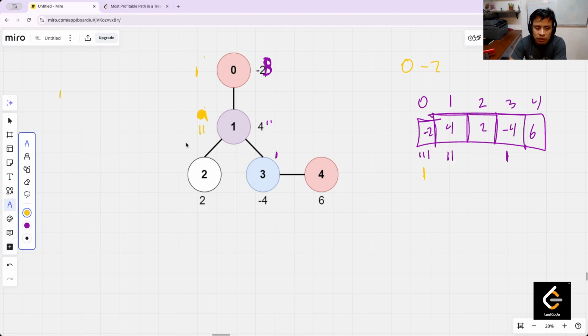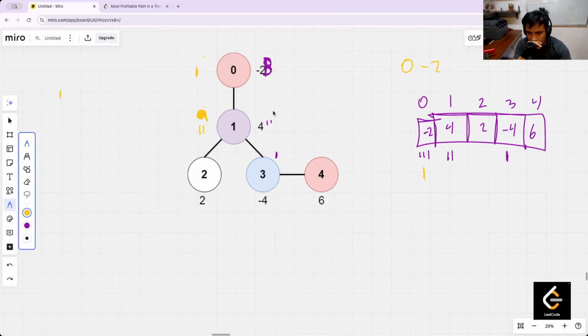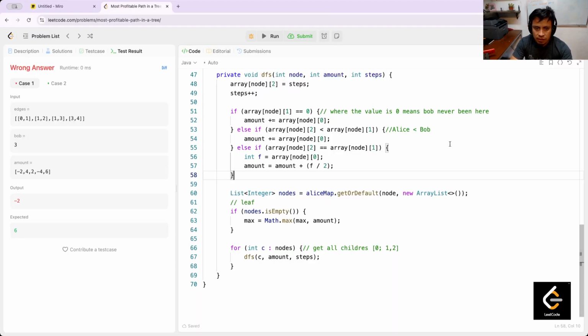Now both, in this case, the nodes 1, right in the node 1, that is this, are equal to 0.